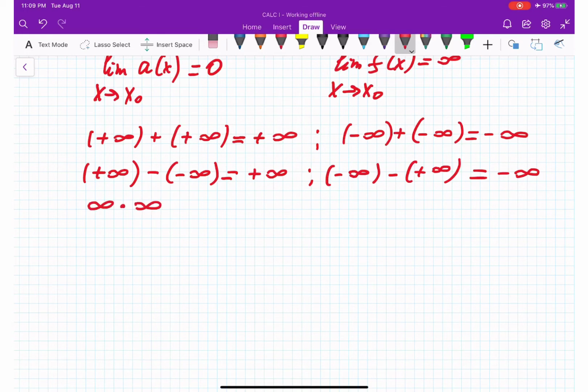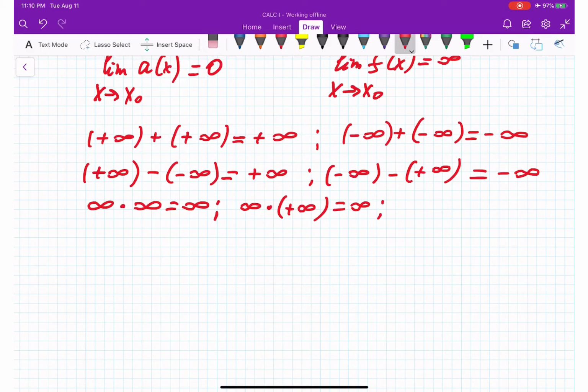Infinity times infinity, we are getting infinity. Next, infinity multiplied by positive infinity. Like I said, infinity includes itself positive and negative. So infinity times positive infinity is going to give us infinity.